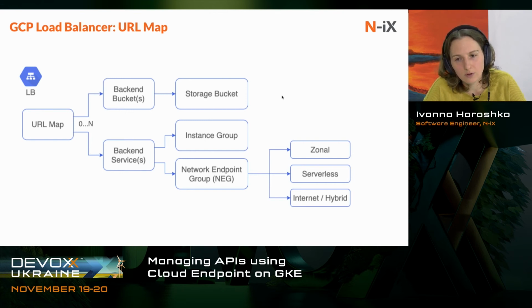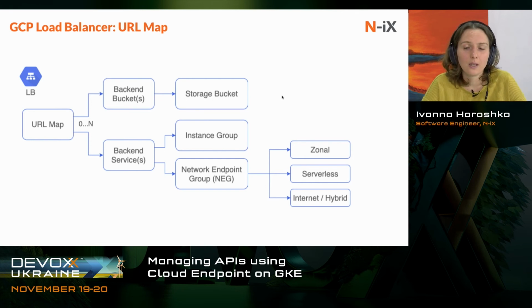And then there is internet and hybrid. Well, honestly, those are two different types of network endpoint group. I just put them together because they're relatively similar. And by the way, I don't think that this is all the types of network endpoint groups that you can get. I just didn't want to concentrate much on it because I really care only about zonal in scope of this presentation.